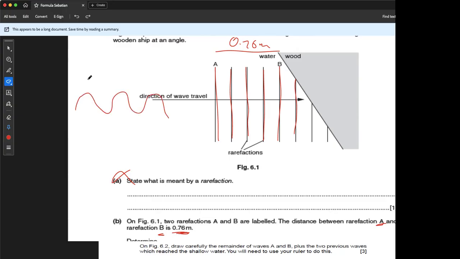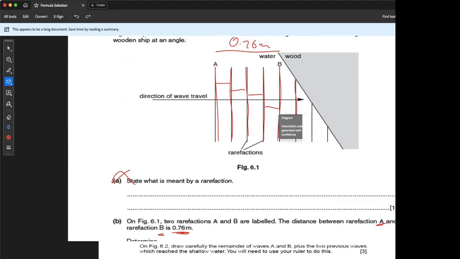But if you look at it from the top, you'll only see the wavefronts here, which is represented here, here, and here. Between each wavefront, it should represent one wavelength, guys. So here is one wavelength, here is another, and another.